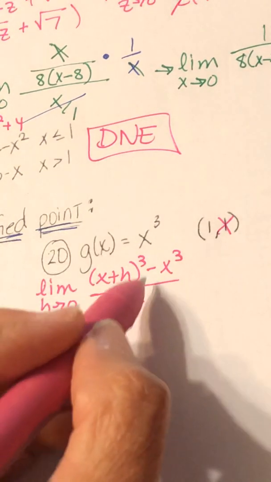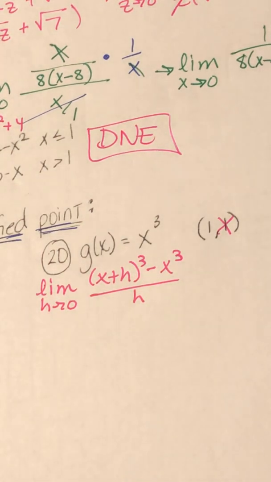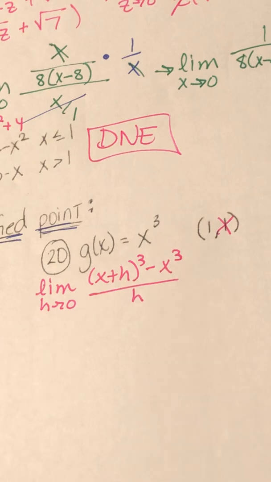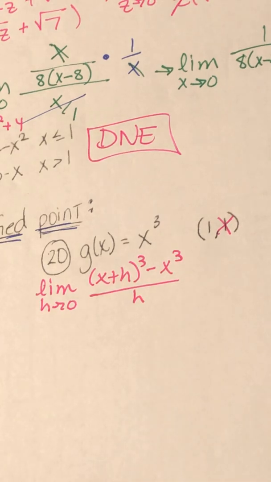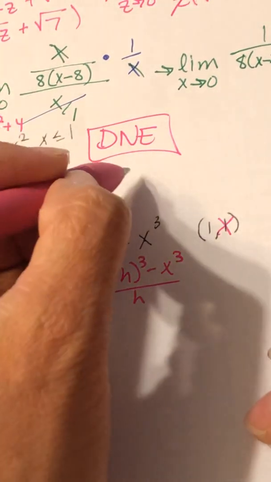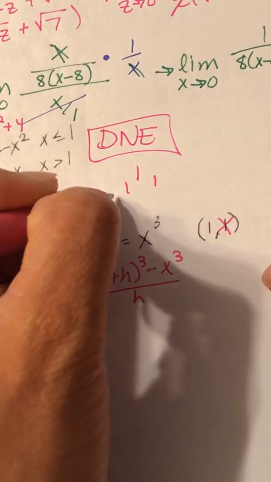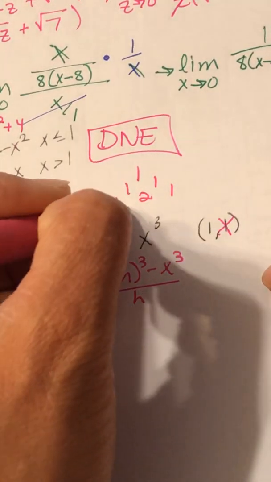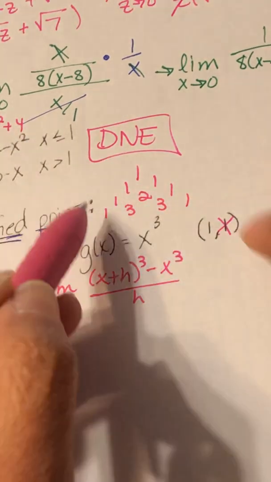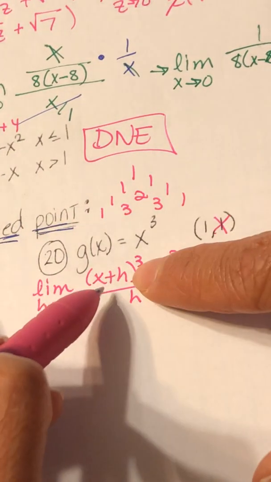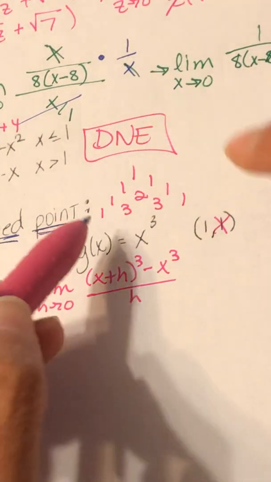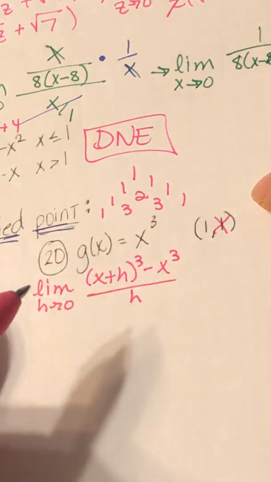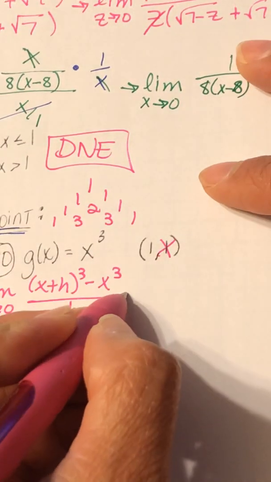All right, so to expand the x plus h quantity cubed, instead of multiplying out x plus h times x plus h times x plus h, which you could do, it takes some time though, I'm going to use Pascal's triangle. And I need to go to the row where I see the 3's, because that means we're to the 3rd power, okay? So it's going to have 4 terms, and the coefficients are going to be 1, 3, 3, 1, okay? So I'm going to simplify that out.